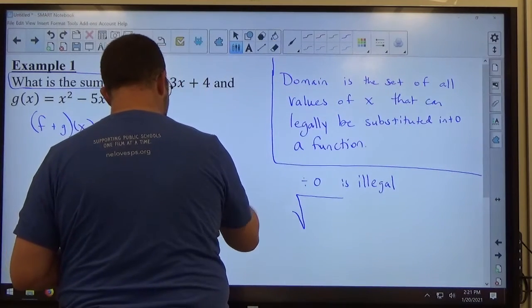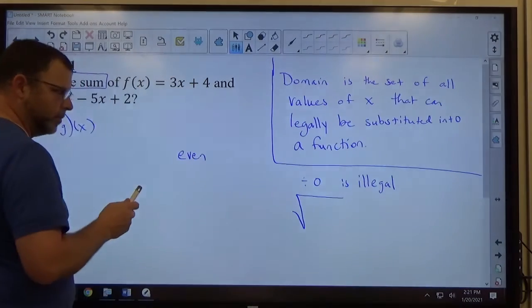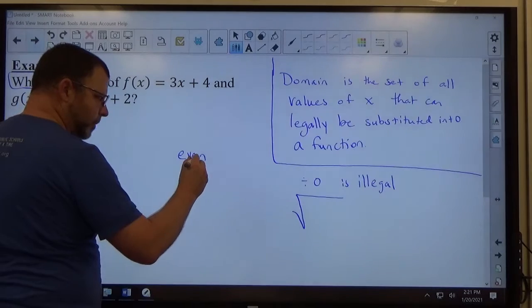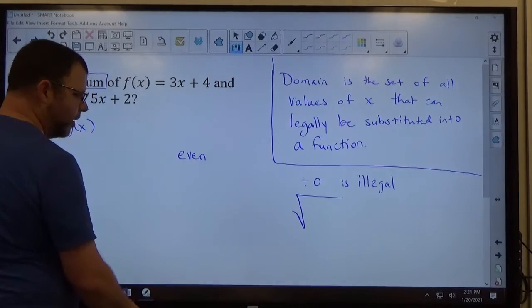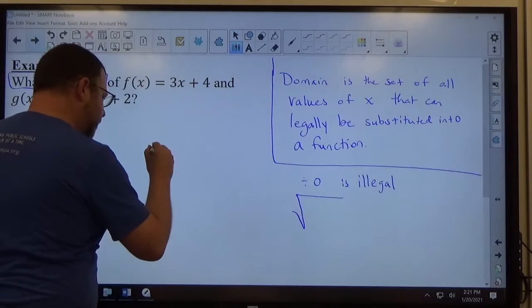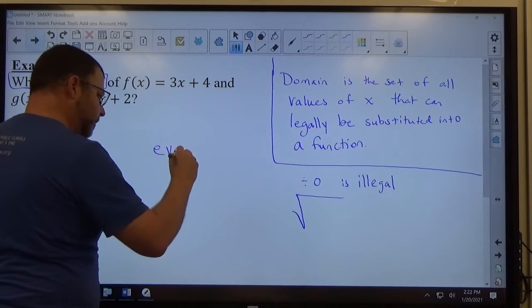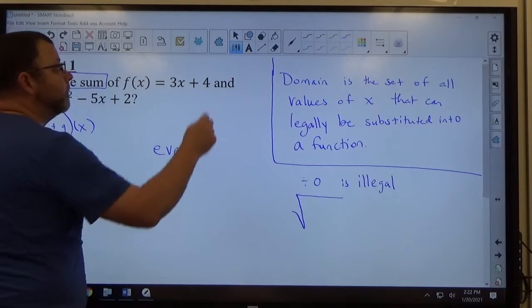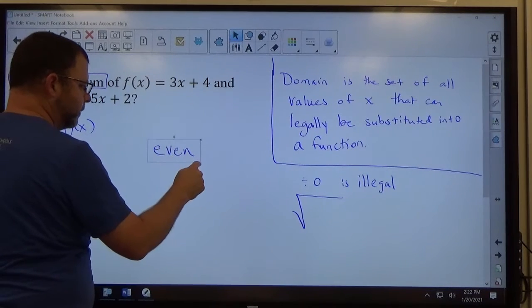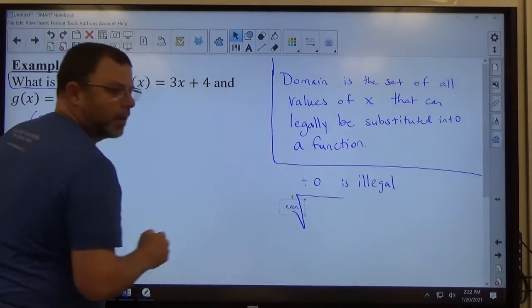Can everybody see what that word is? Illegal. Even. All right, and I got to write it one more time. I can't write it tiny like that, make it look neat.